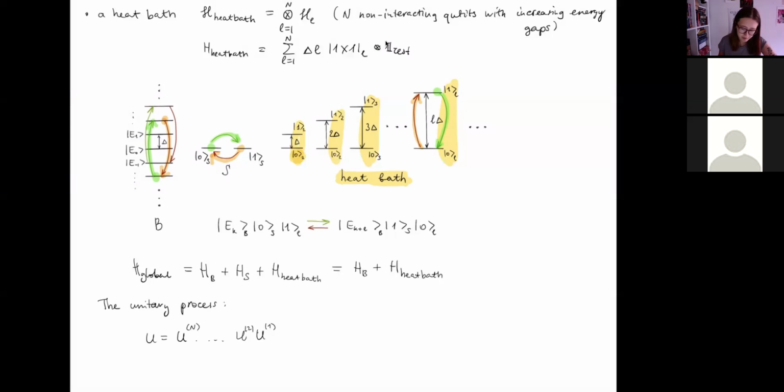How do we write this unitary process analytically? Well, it's a bit lengthy. That's why I changed the orientation of the sheet. So UL would be, we have to sum over all levels of the battery.